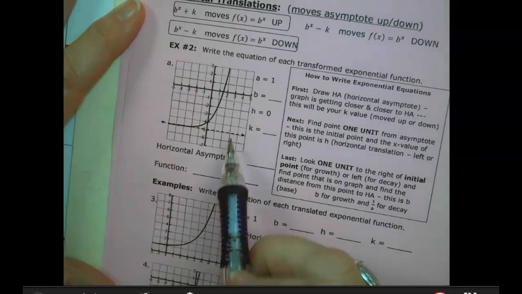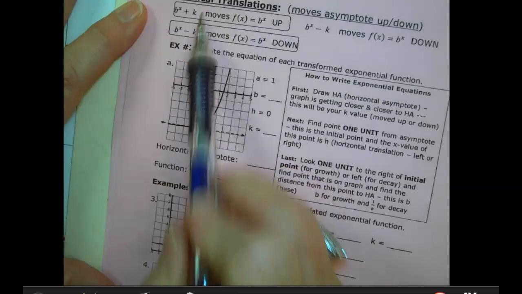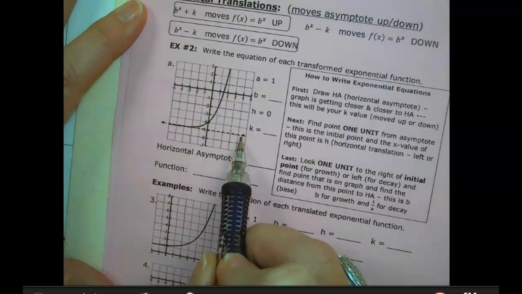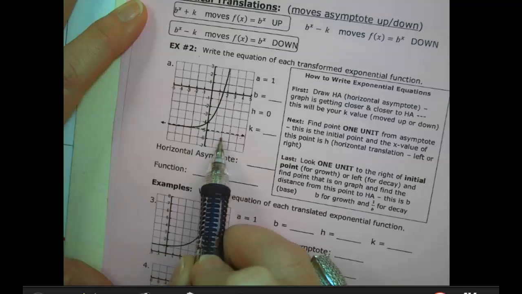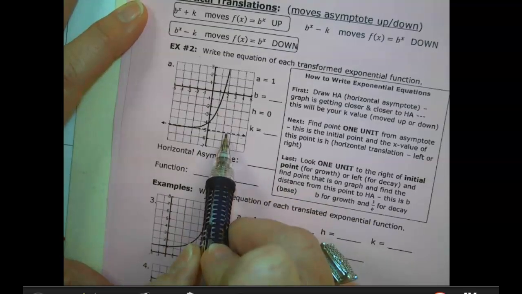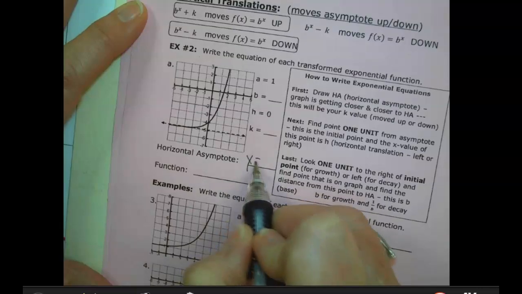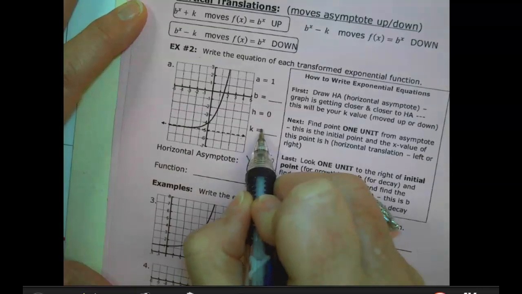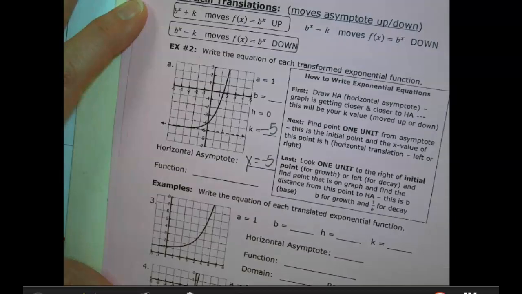Okay, so on this one, it's going to be our translation up and down, and the horizontal asymptote is going to control that. Now my horizontal asymptote is at y equals negative 5, which is going to make my k negative 5.